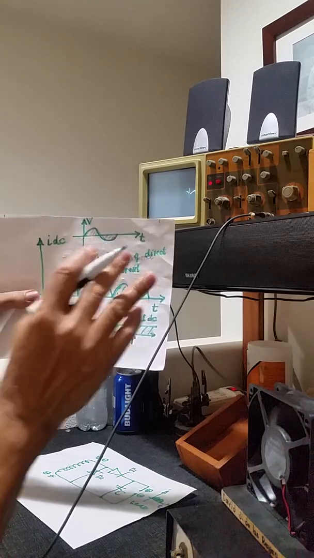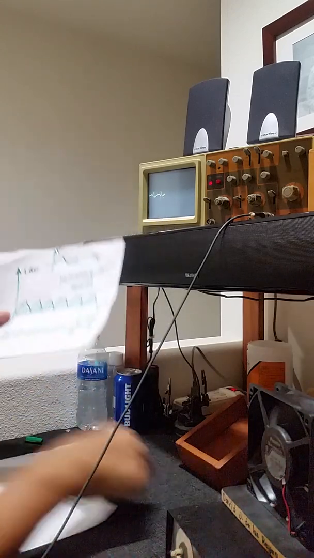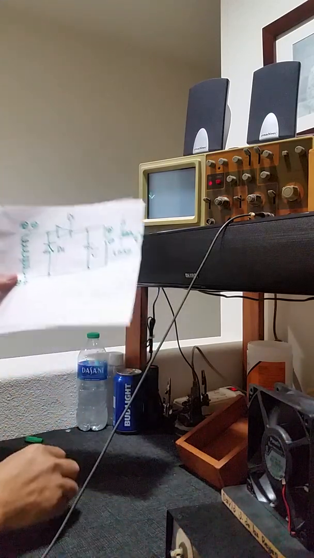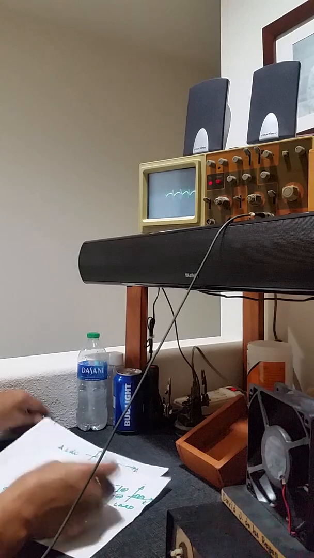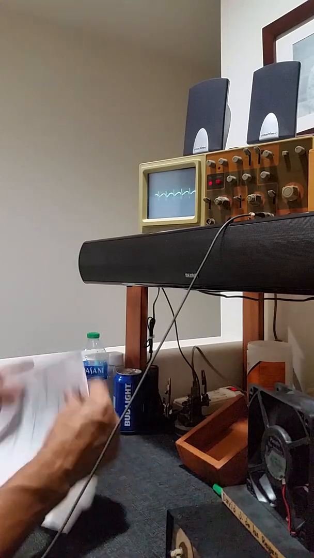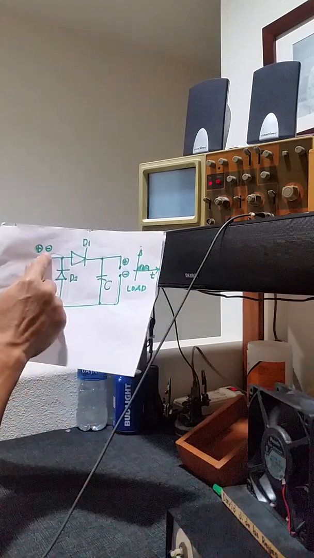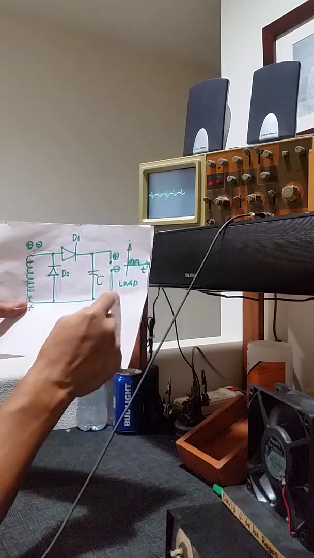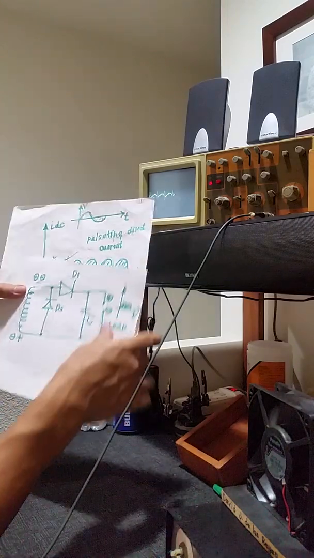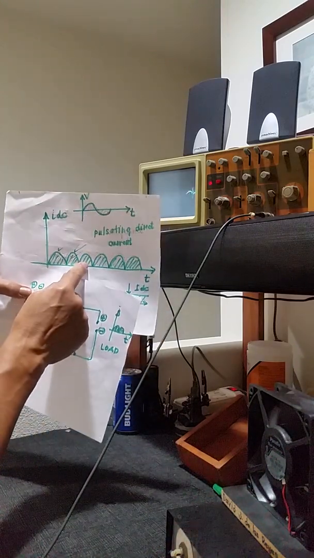As the polarity reverses again, when this is plus again, it will repeat itself. Meaning the flow of current will repeat itself. It will pass through diode 1, through the load, back to this terminal here. And the output current at that time again will be the third one.